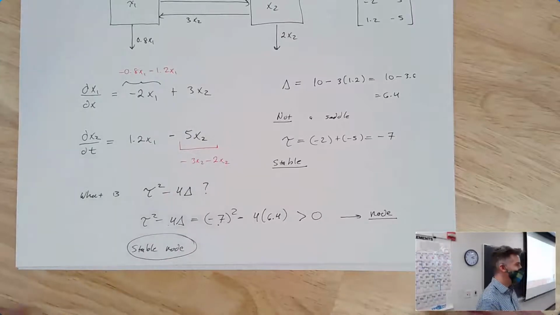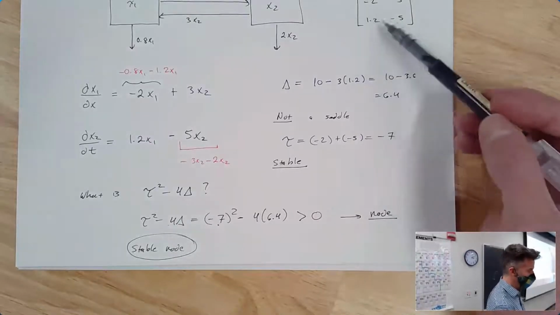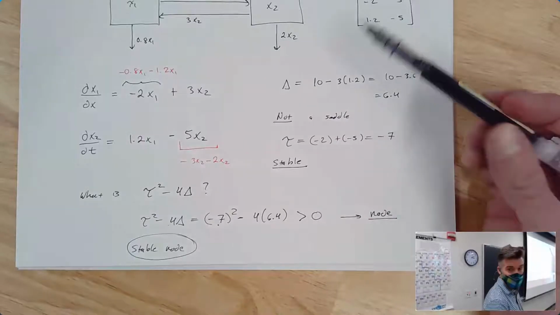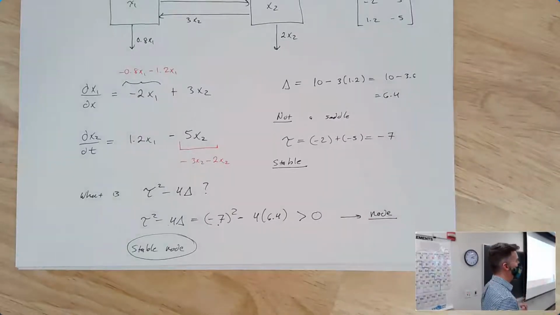Or you could find the eigenvalues in a different way. You'll probably still end up having to use the quadratic formula here, though, because this decimal is making things less than nice. And it's pretty common to have decimals pop up when you're seeing a compartment model. It's the way it goes often.